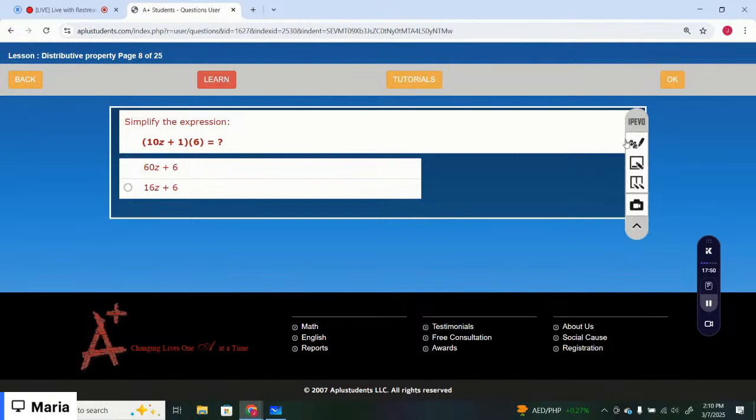That is 60z plus 6. Option number 1 is the correct option.